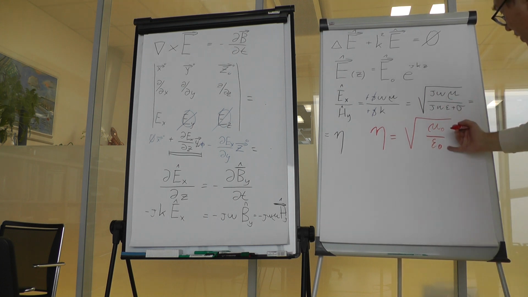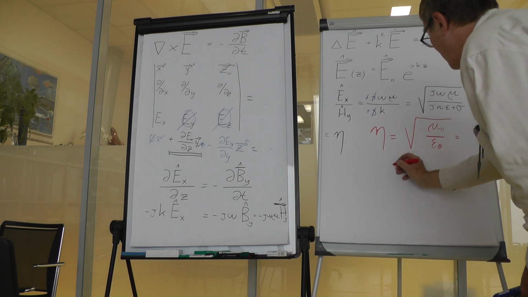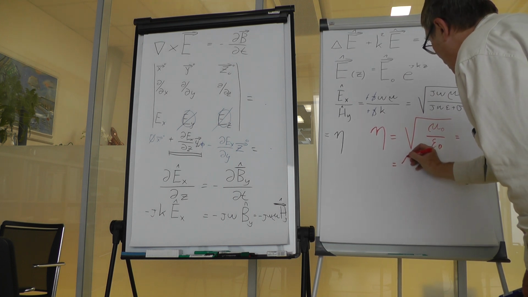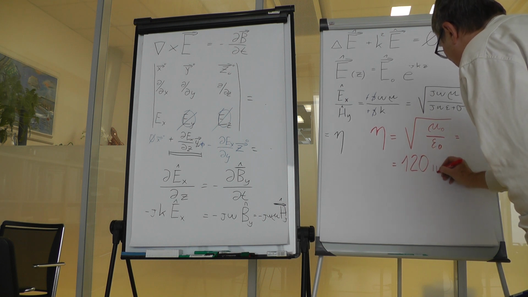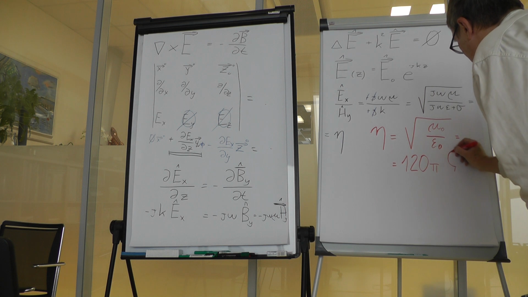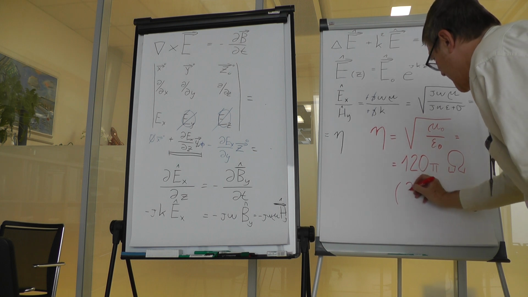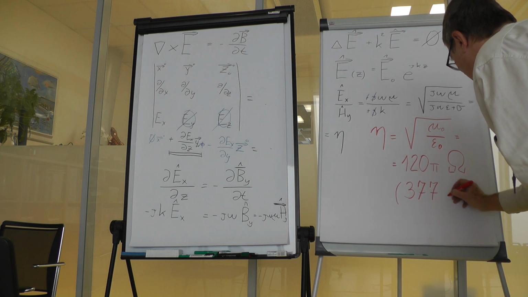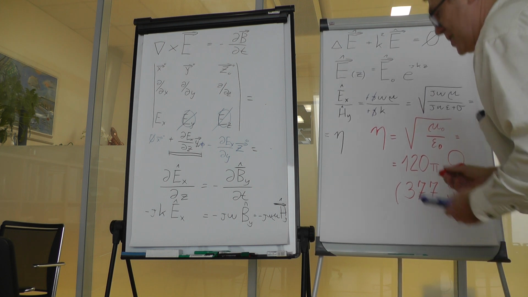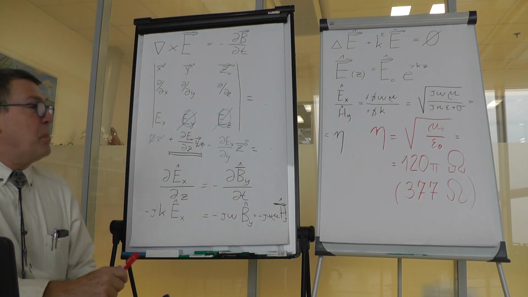And this ratio is more or less equivalent to 120 pi ohms, which approximately is 377 ohms. So this is an important value of the free space impedance.